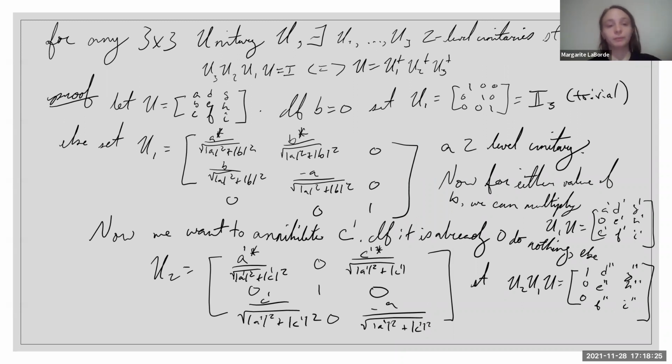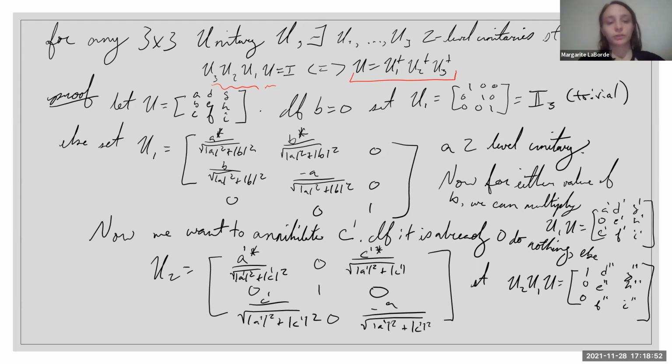So the claim is that for any 3x3 unitary U, there exists a sequence of unitaries U1 through U3 that are 2-level, such that the product of them and the unitary in question gives you I, or equivalently, you can specify U as being the product of their daggers.